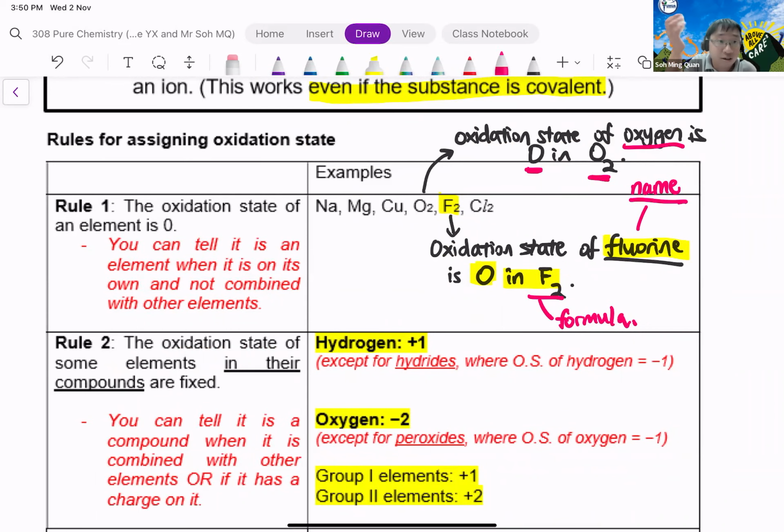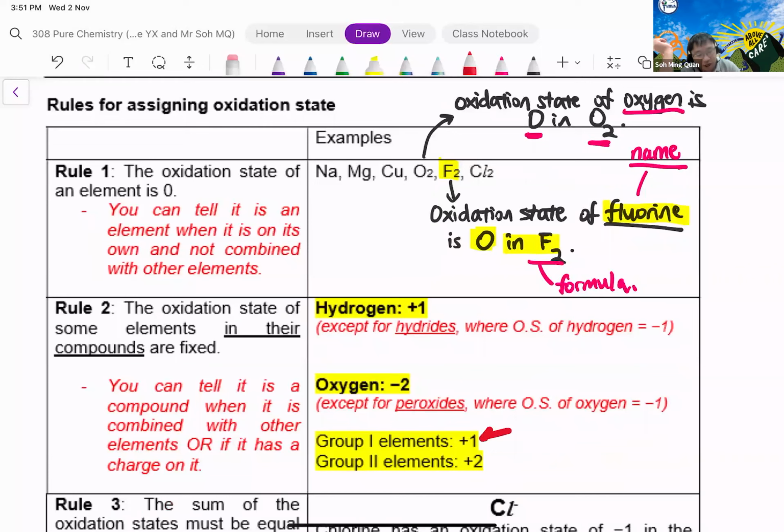Similarly, magnesium is in group 2. It will lose 2 valence electrons to form Mg2+. So the charge is always 2+, which is to say, the oxidation state will always be +1 for sodium, +2 for magnesium.